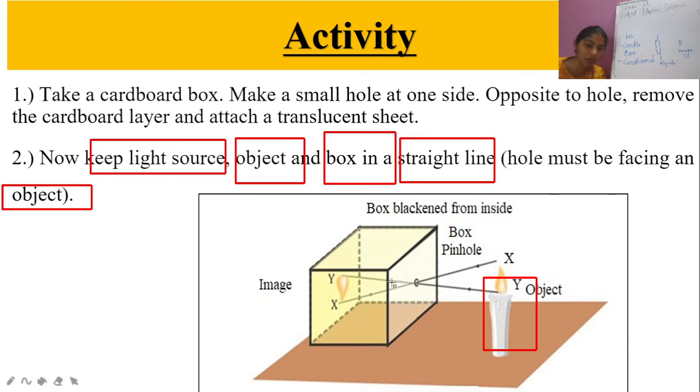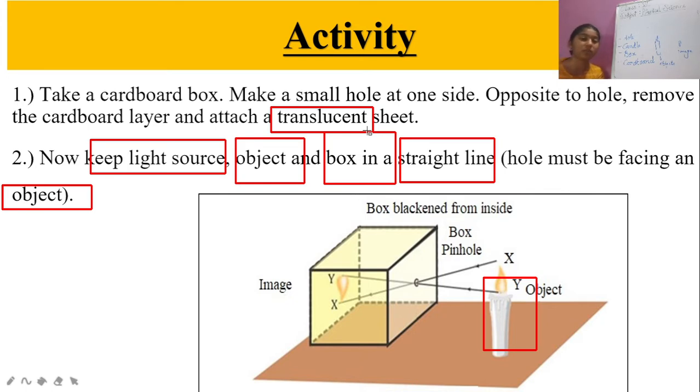So how are we only able to see the flame of the candle, not the other part of the candle? Students, why? Is there anything inside this box? Yes, one important part of this is that a translucent sheet is used here, right? So what do you mean by translucent, students? Have you heard about it?